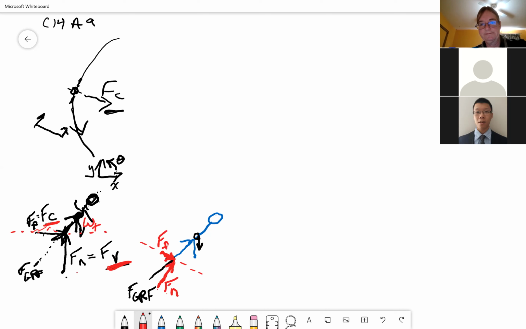Yeah, I just want to clarify: if you're turning on flat ground, your ground reaction force still has components of the normal force and the friction force. Is that correct? Yes, but on flat ground, the normal force equals the vertical force and the friction force equals the centripetal force.